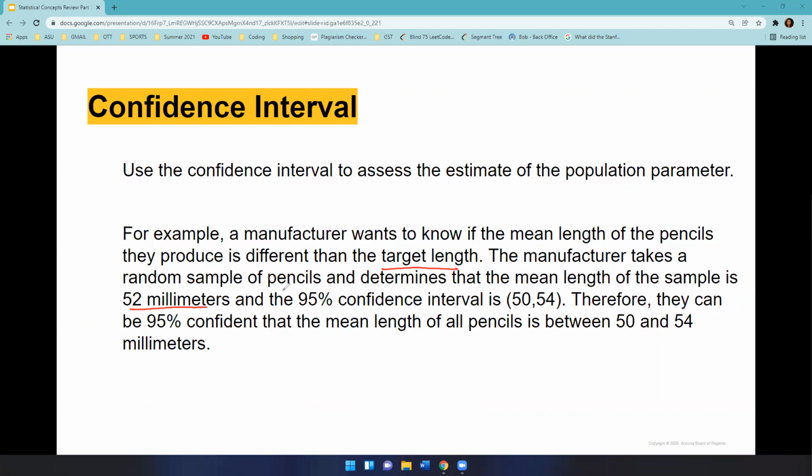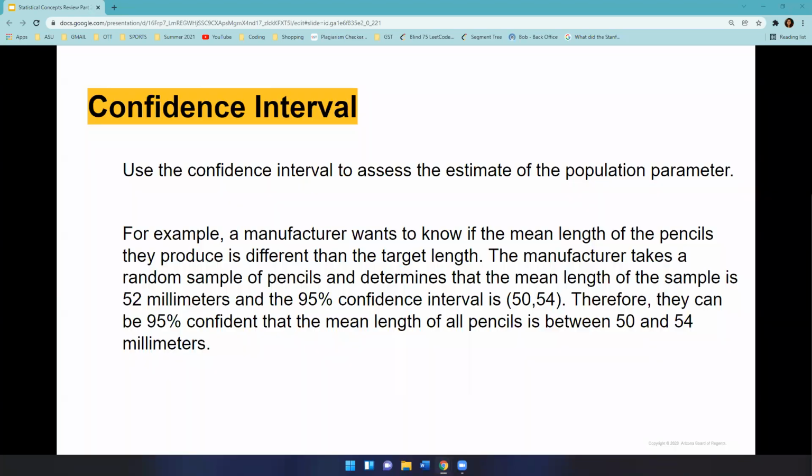And when they took 10 or 20 samples, they found that on average this is the range they follow, 50 to 54. So again, this is 95%. Therefore, they can be 95% confident that the mean length of all pencils is between 50 and 54, which is a good thing. So this is how we use confidence interval.